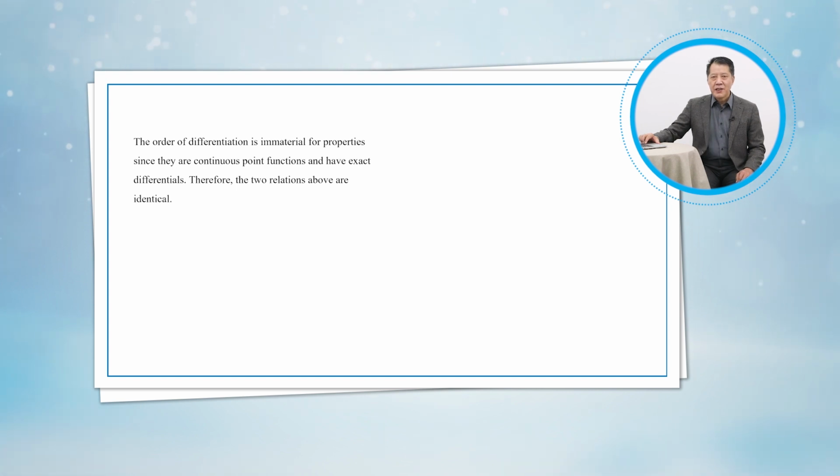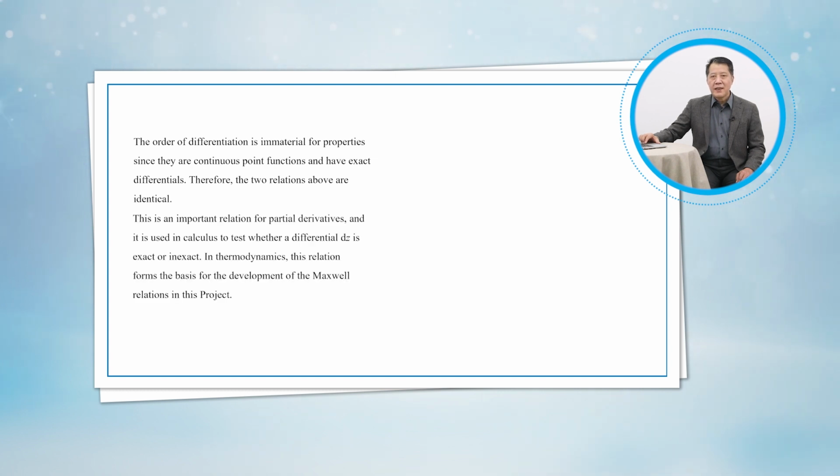When an expression such as m dx plus n dy does not meet this test, no function z exists whose differential is equal to this expression. In thermodynamics, this equation is not generally used to test exactness, but rather to develop additional property relations.